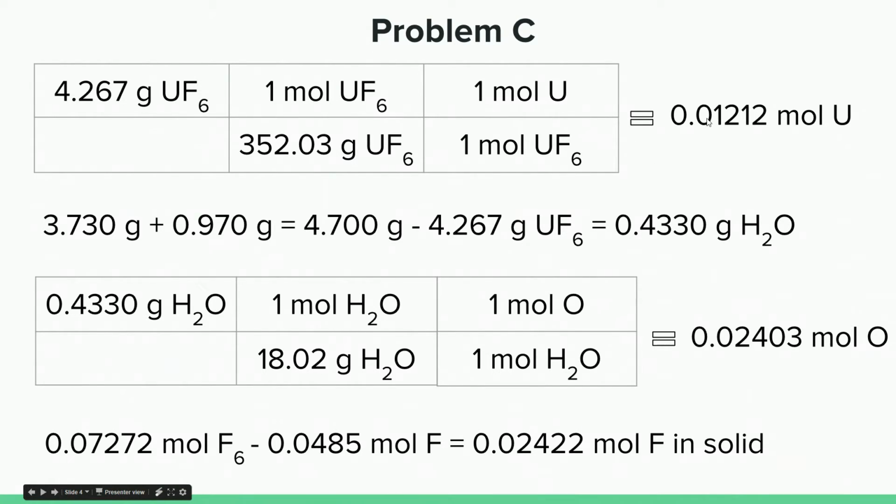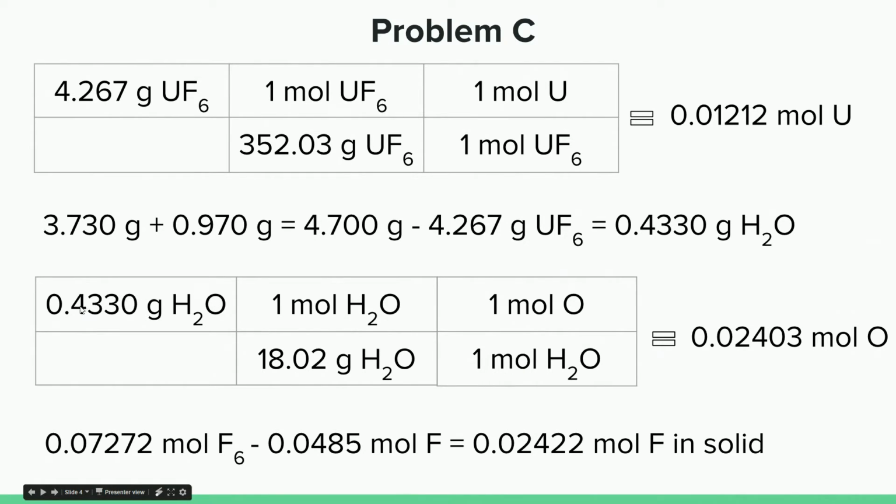And we end up getting 0.01212 moles of uranium. Then we add the given 3.73 grams of the solid to the 0.97 grams of gas, which gives us 4.7 grams. We then subtract the 4.267 grams of UF6 from the 4.7 grams to get 0.433 grams of H2O.